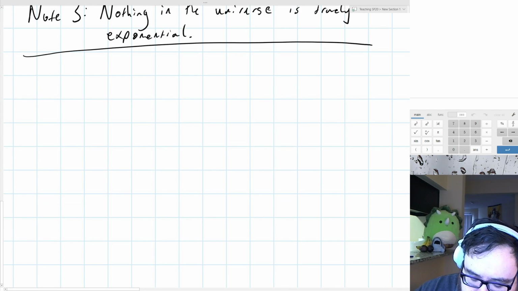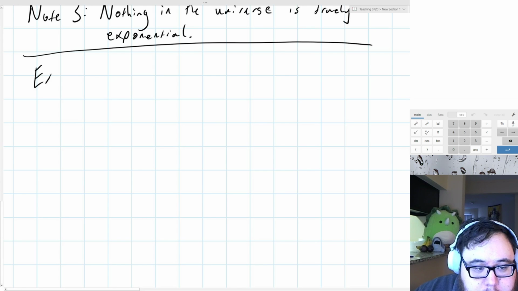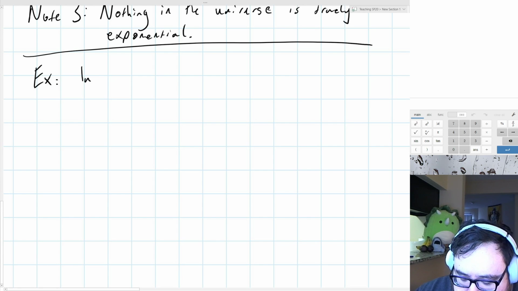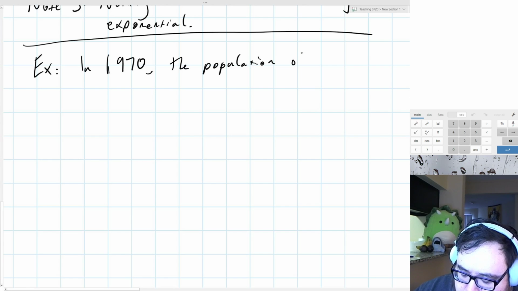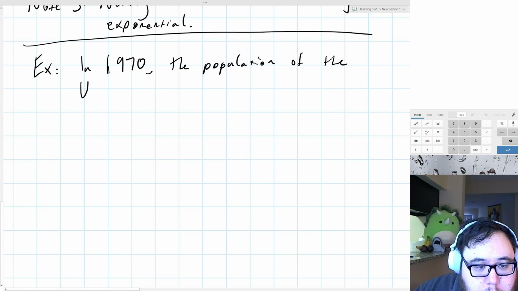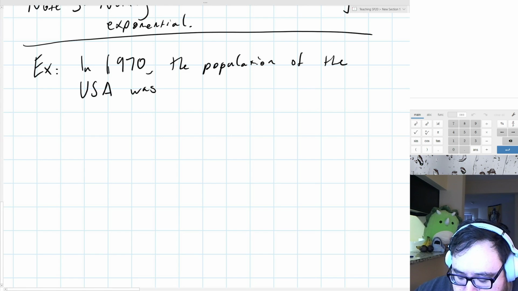So, example. In 1970, the population of the USA was 203.9 million.